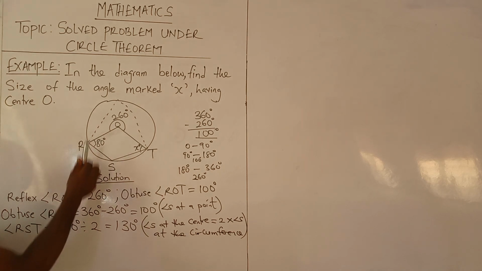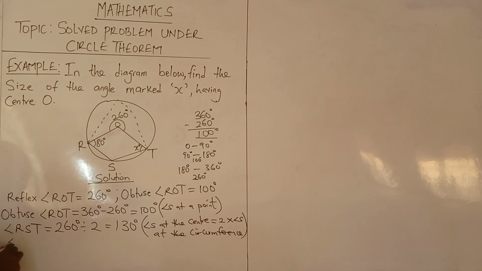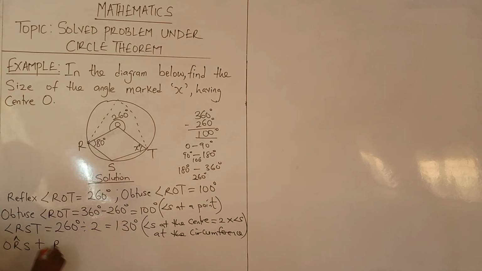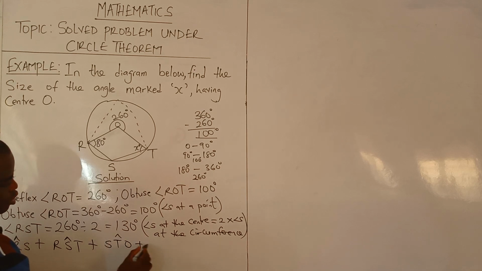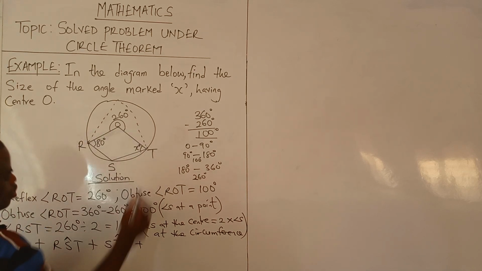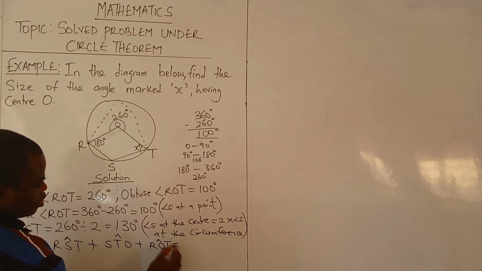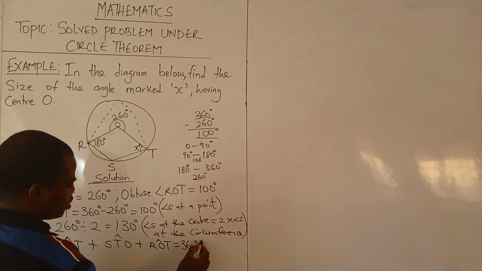Now you can say angle ORS, referring to this angle at the center, plus angle RST plus angle STO plus angle ROT equals 360 degrees. What is it?